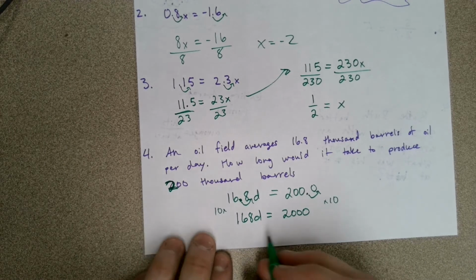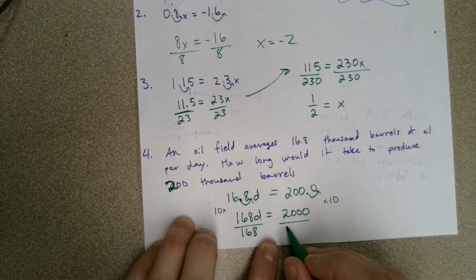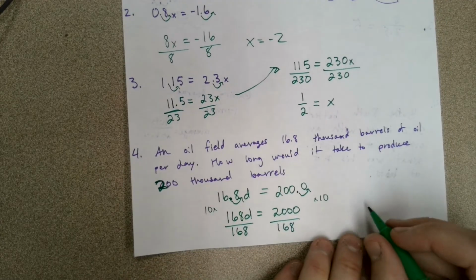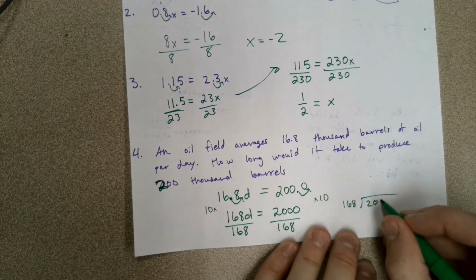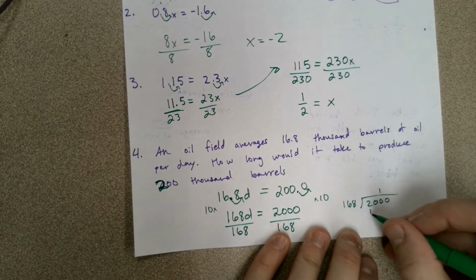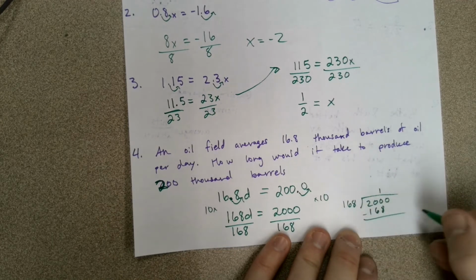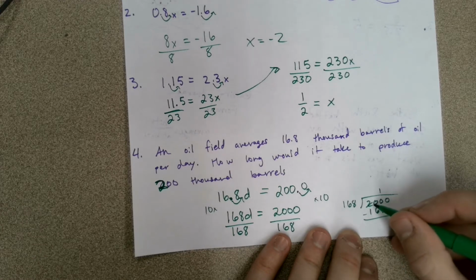You know that. Last step here, divide each side by 168. I'm going to have to do a little bit of long division here. I'm a little rusty on my long division. We'll see how I do. Goes into there once. That's 168. Subtract. Make this a 10.